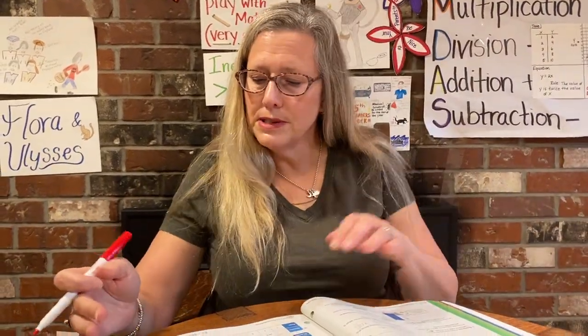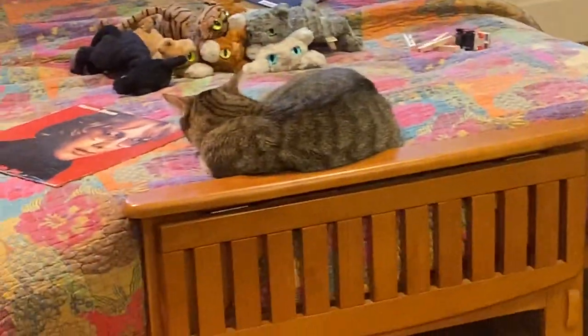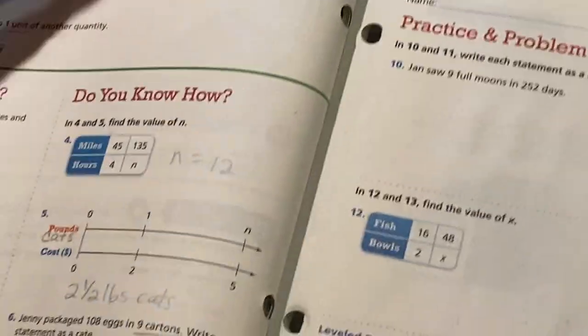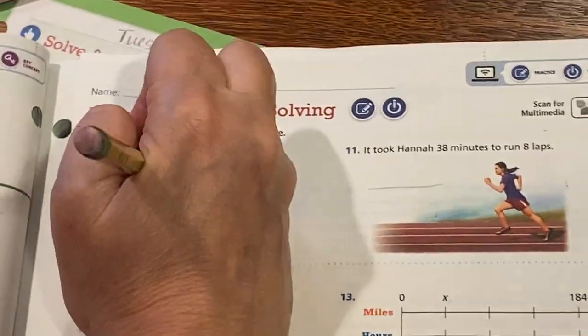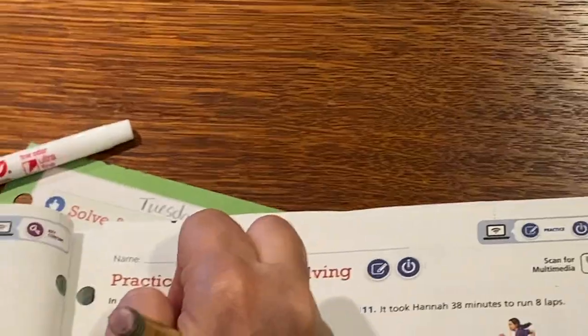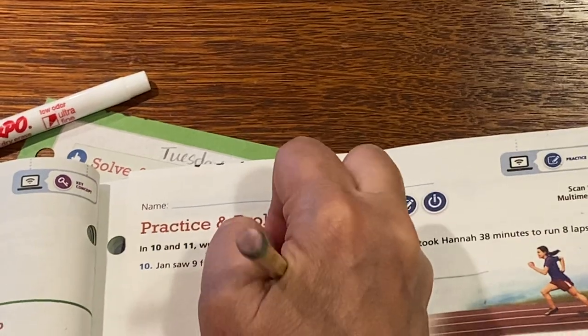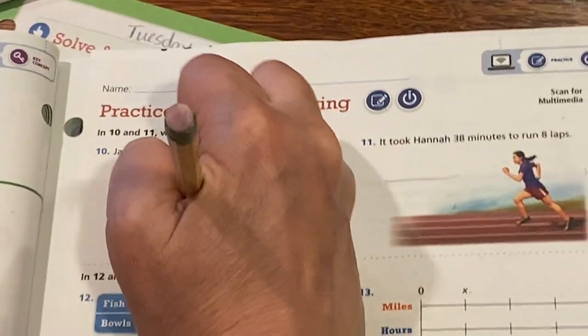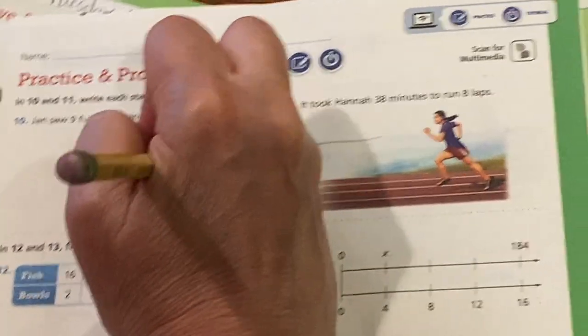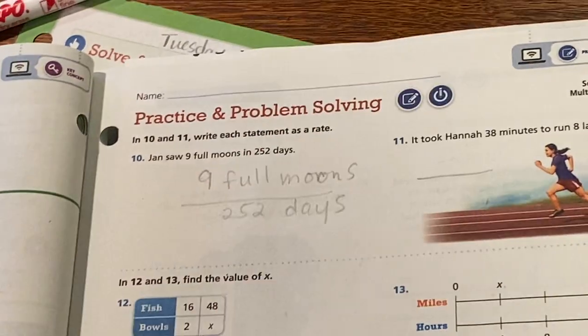Now let's go to our workbooks. We are going to start on page 287. Okay, so with 10 and 11, it says, write each statement as a rate. Well, it's almost like a rate already. All you have to do is like this. 9 full moons in 252 days.